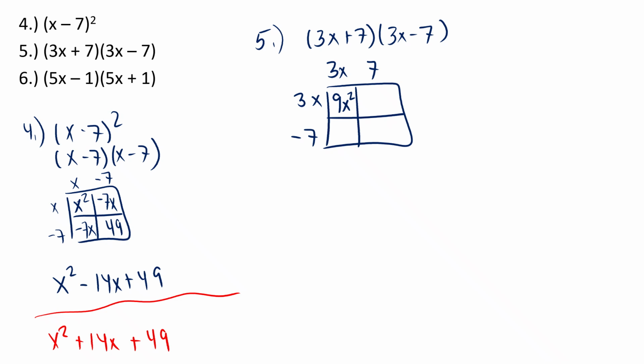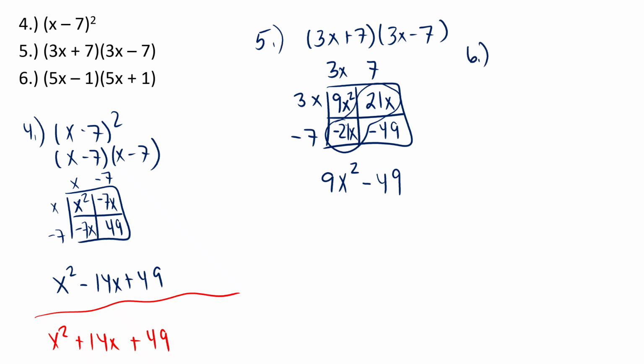So 3x times 3x is 9x squared. Here we'll have 21x, but here we will have negative 21x. That will always happen with your difference of squares. And then positive 7 times negative 7 is negative 49. And so our middle terms cancel out, leaving us with 9x squared minus 49.